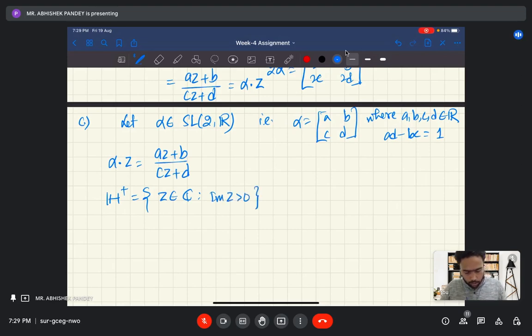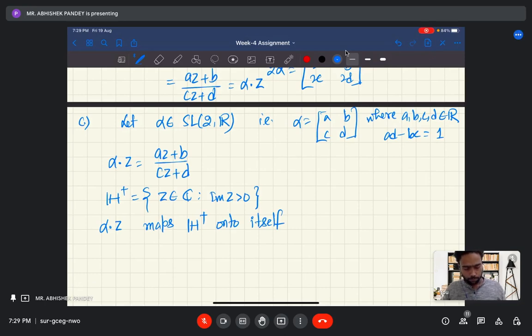So the question is regarding the image of H plus. The question is whether alpha dot z maps H plus onto itself, under all these conditions where alpha is this.